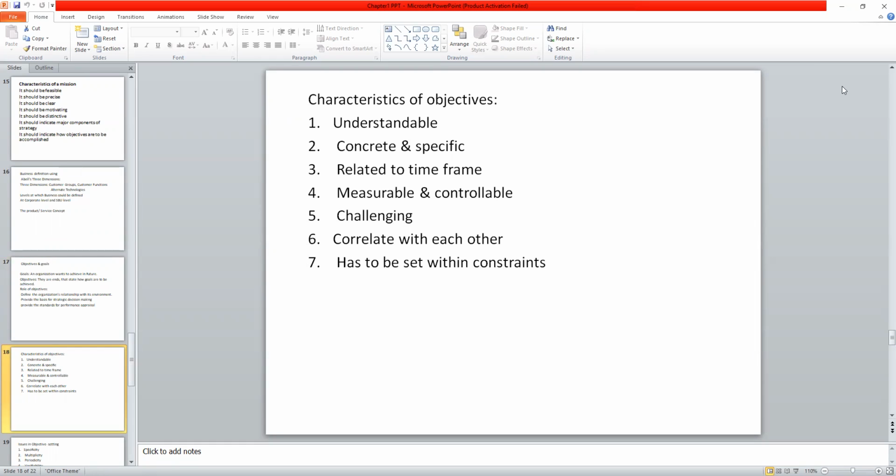Characteristics of objectives. Objectives should be understandable.